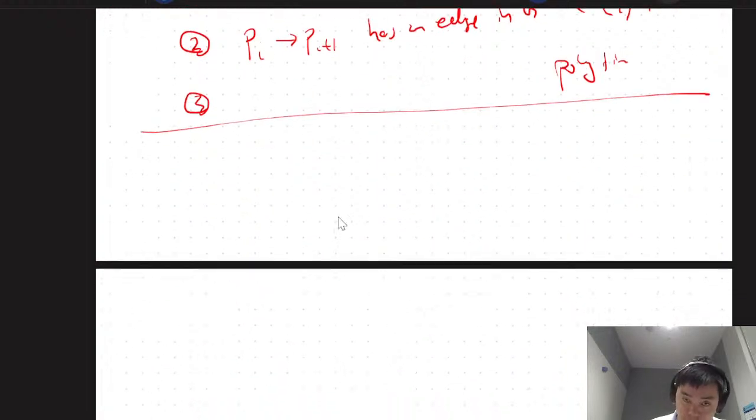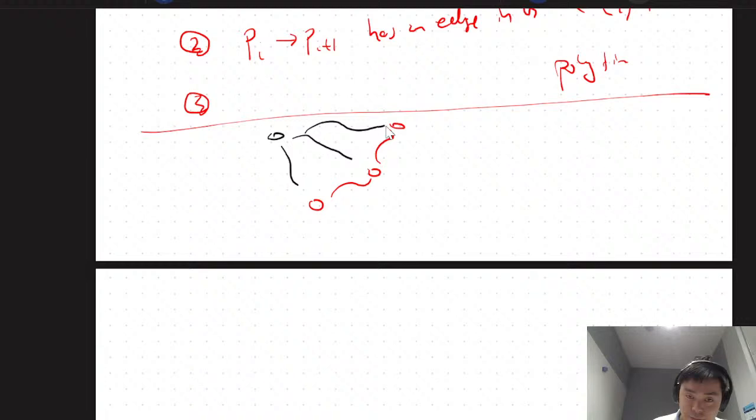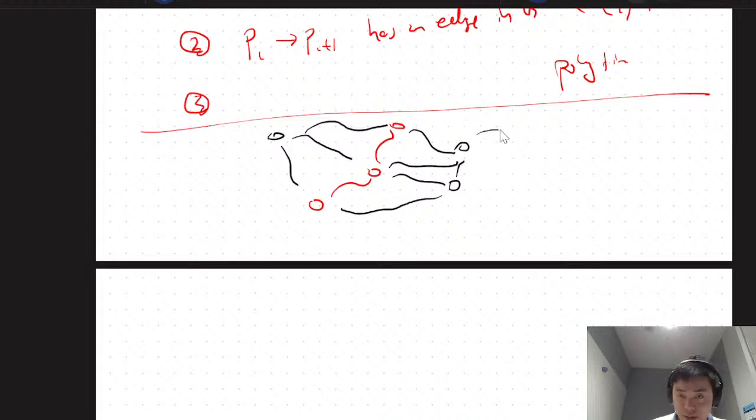For example, if I'm given my path and this is my graph, maybe it looks something like this, and then I have a bunch more vertices.